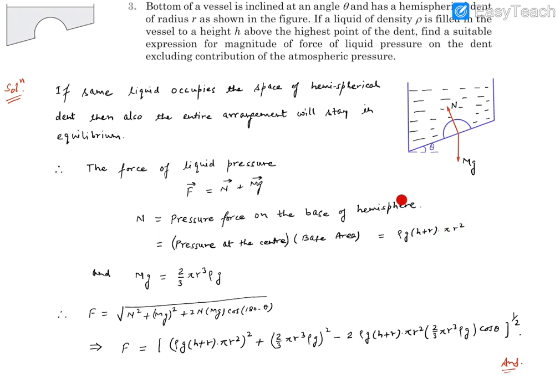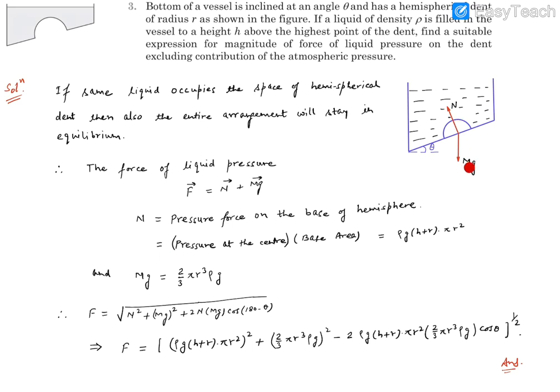This has been written in short, otherwise we need to go for integration, but we know that pressure varies linearly with the height. As we go upward, height decreases, and as we go downward, height increases, so we can take the average value. After doing integration, you will get the same expression. So it's pi r square rho g within bracket h plus r. This is the pressure force on the liquid we have assumed from the bottom.